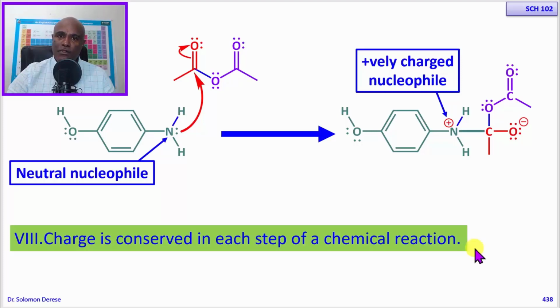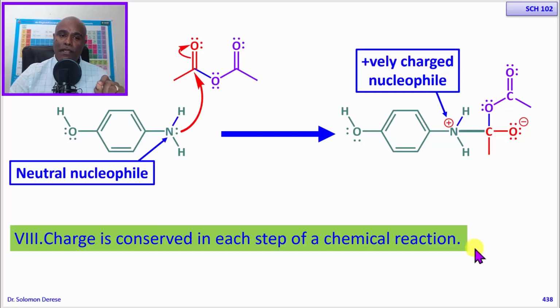You remember in high school when you were balancing a redox reaction, in addition to balancing the atoms on both sides, on the reactant and the product side, you were also making sure the charges are balanced.